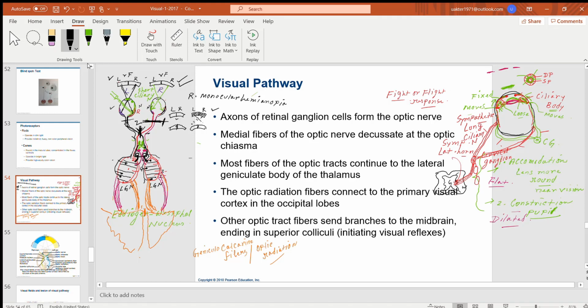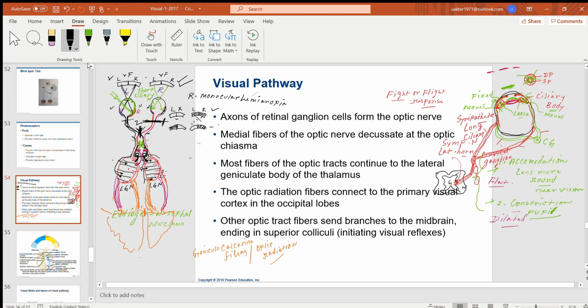So in this case the temporal half of both right and left visual fields will be affected, and this will be termed bitemporal hemianopia.